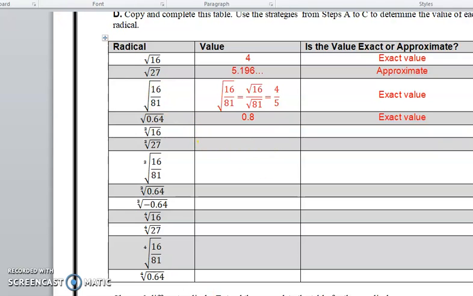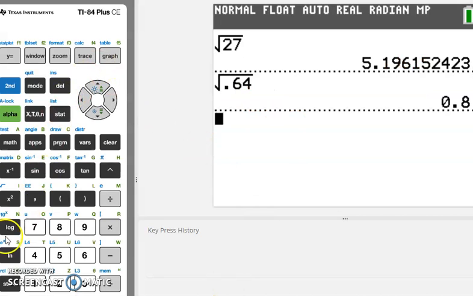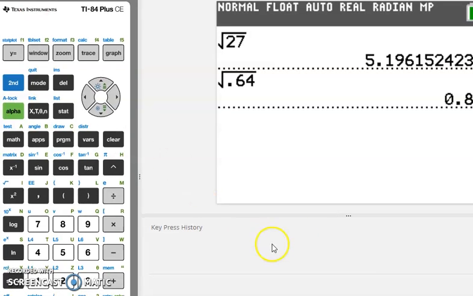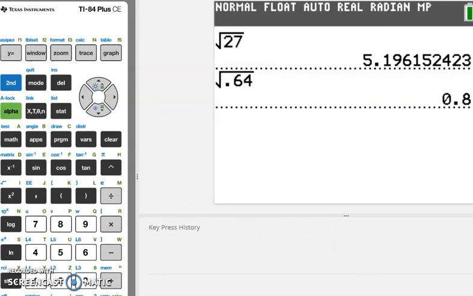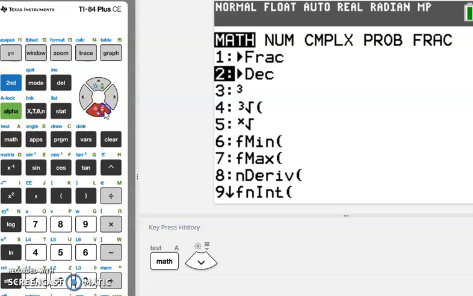Next one is the cube root of 16. So on the graphic calculator, we have a cube root button. It's under math. So we use the math button, and it's the cube root. It's the fourth one down.